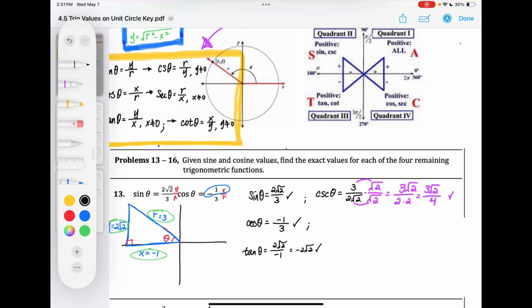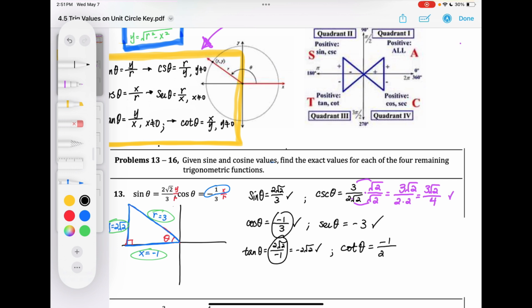Perfect. And what do we say? If you got cosine, the secant is the reciprocal of cosine. So secant is equal to upside down. So I got -3, check. And cotangent is the reciprocal of tangent. Now make sure this is my tangent.